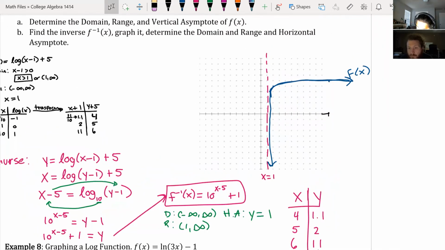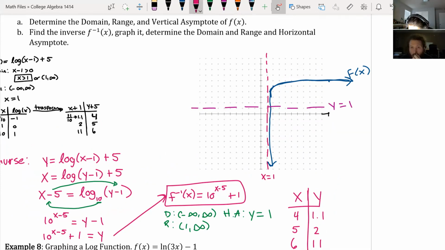All right. So 4 and 1.1. Actually I could draw my asymptote first. There's y equals 1. Okay. And then plot my graph at 4.